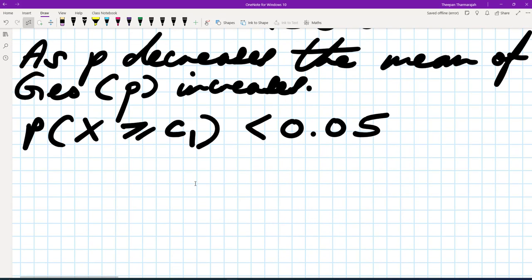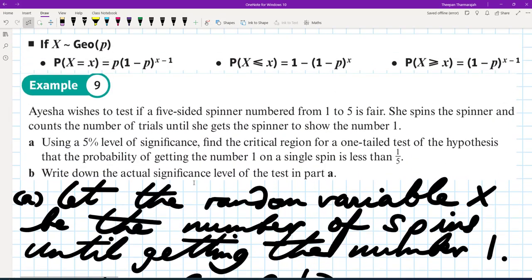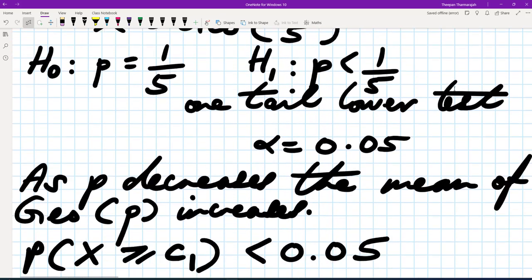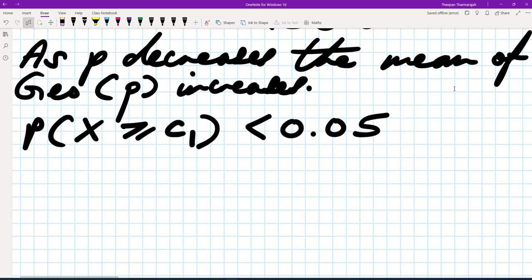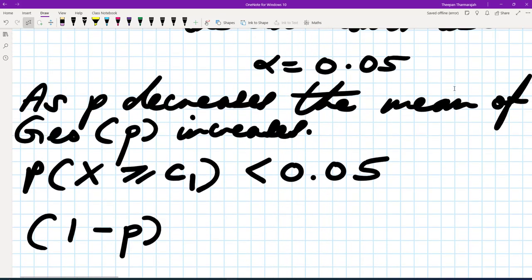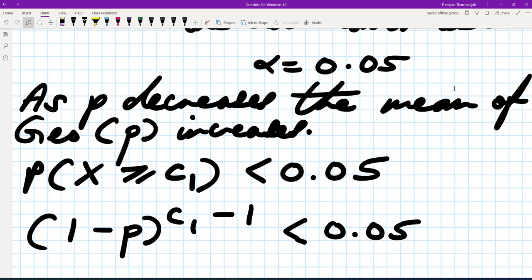So what we can do, we can use our formulas from before. We know that the probability that X is greater than or equal to x is (1 minus p) to the power x minus 1. Because x refers to C1 in our case, it's going to be (1 minus p) to the power C1 minus 1, and that must be strictly less than 0.05.